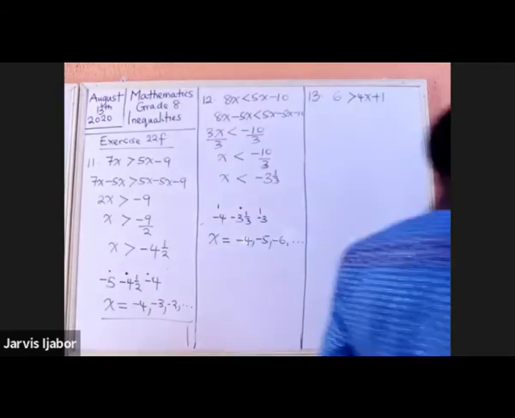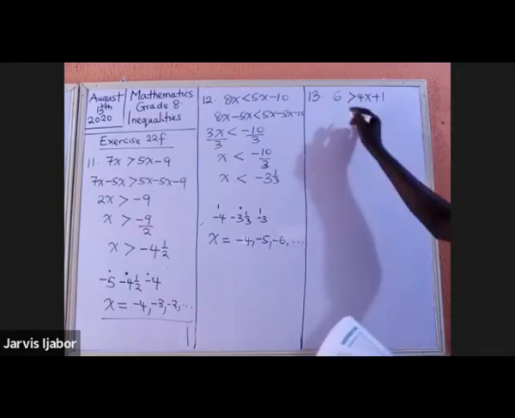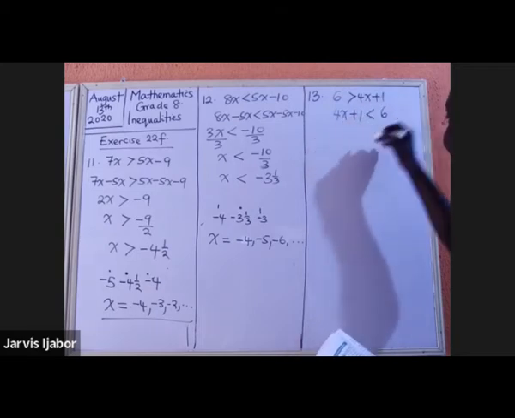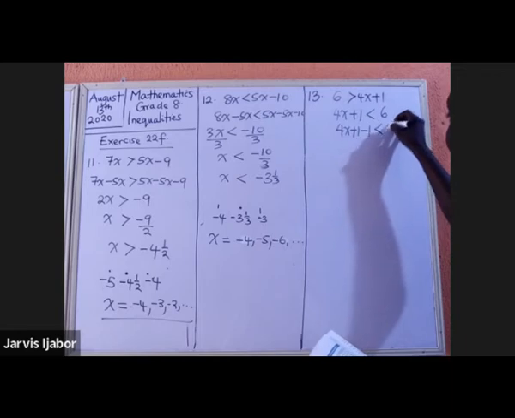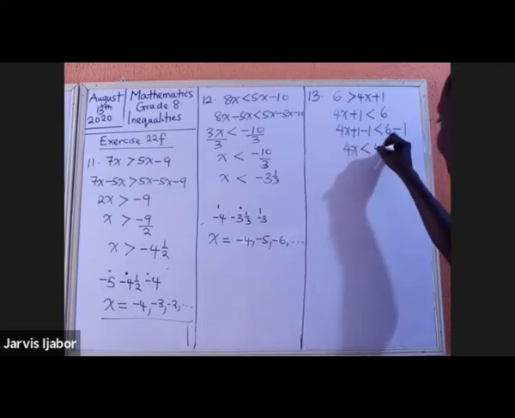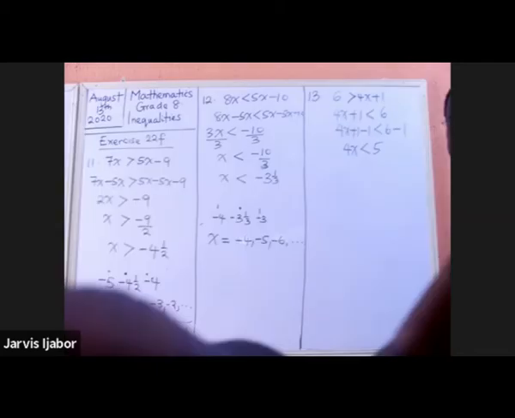You have to do what first? You need to rewrite this. So this will now be 4x plus 1 less than 6. So 4x plus 1 minus 1 is less than 6 minus 1. So 4x will now be less than 5. Are you seeing that? So what's the interpretation of that?